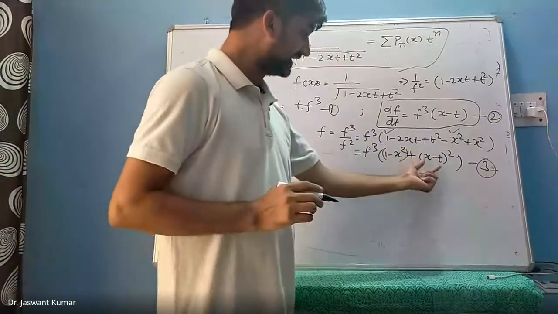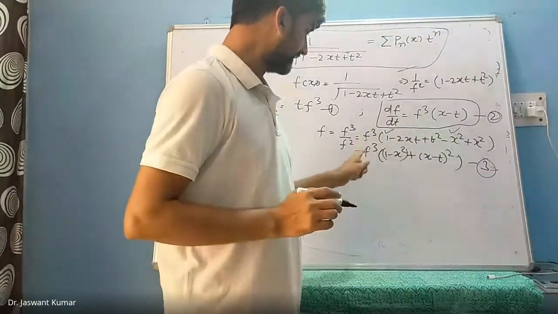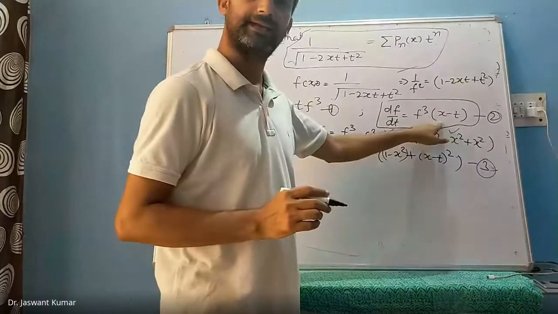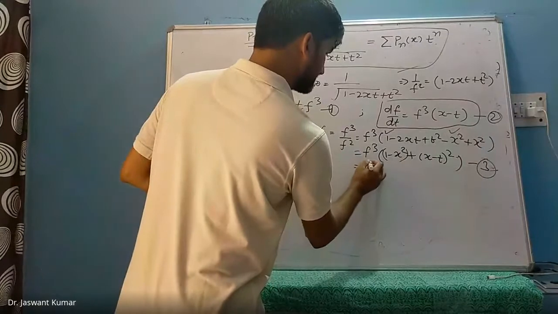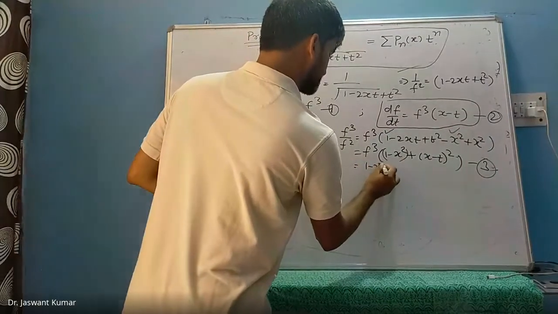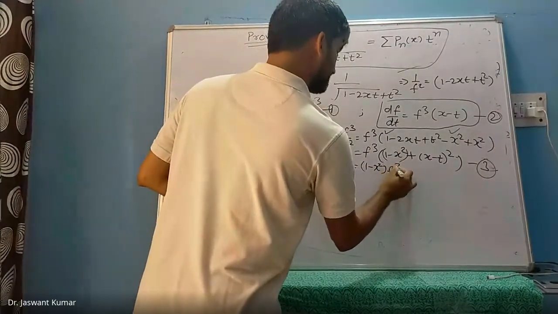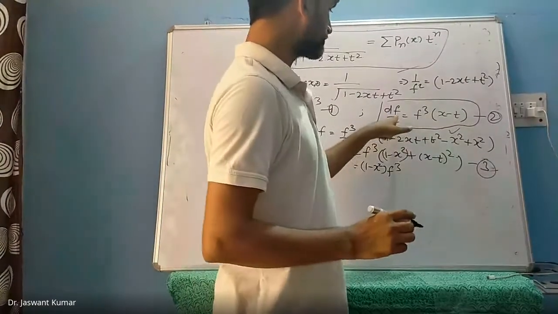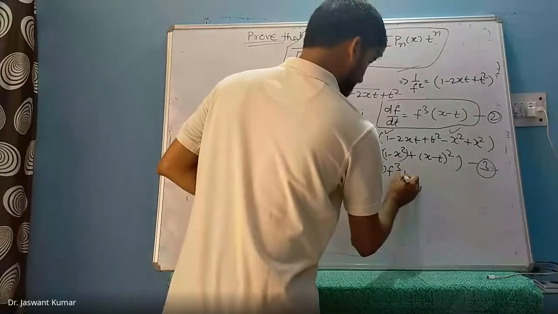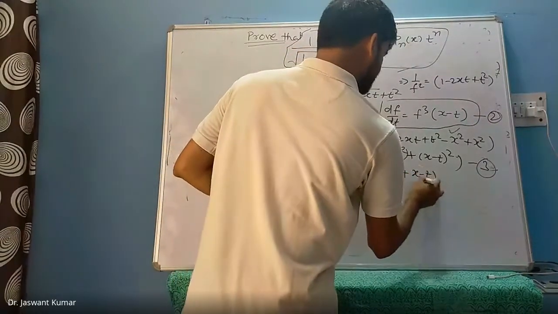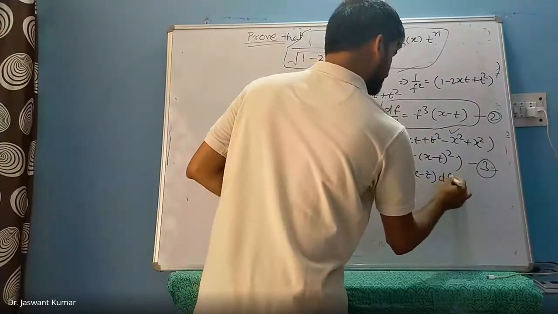In equation 3, this particular term, x minus t whole square times f cube, can be written from here, and this can then be written as 1 minus x square times f cube plus x minus t whole square times f cube. So this can be written as x minus t times df by dt.